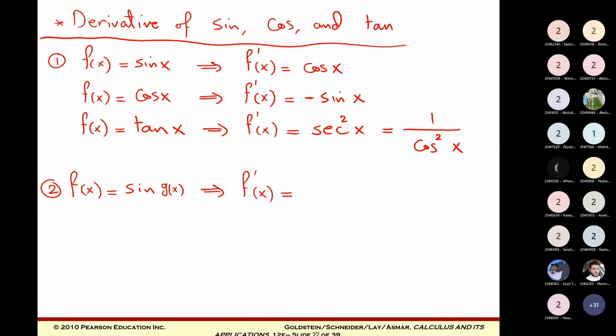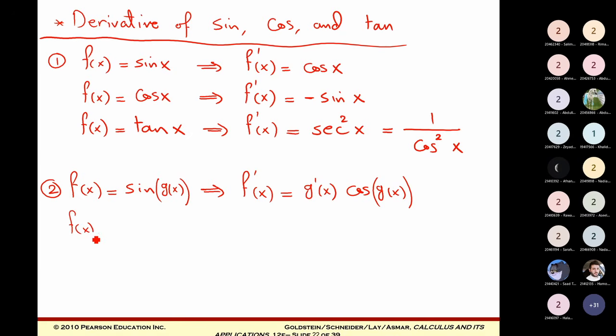Equal the derivative of the angle g prime multiplied by the derivative of sine, this is cosine. But the angle is the same, not changed. So the angle g x of sine, after the derivative, the angle of cosine is g x also. This is the same.